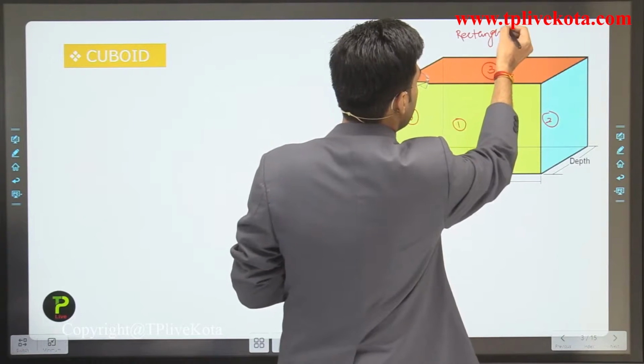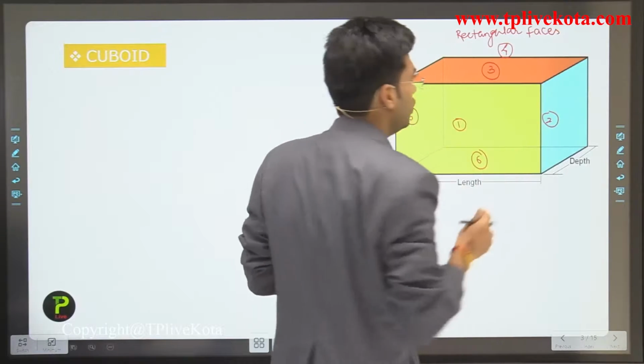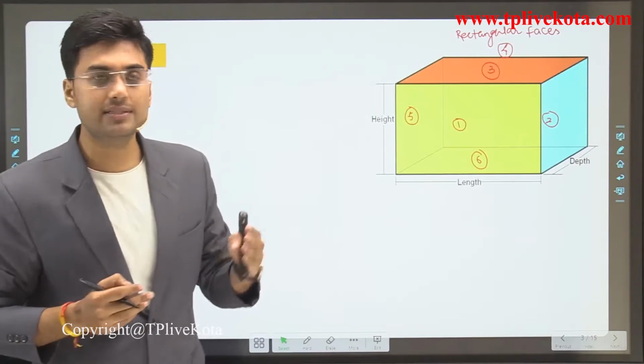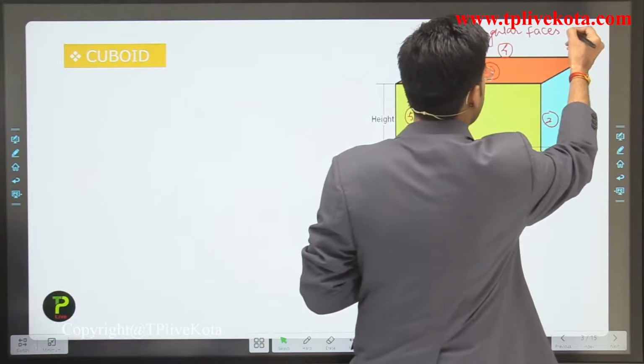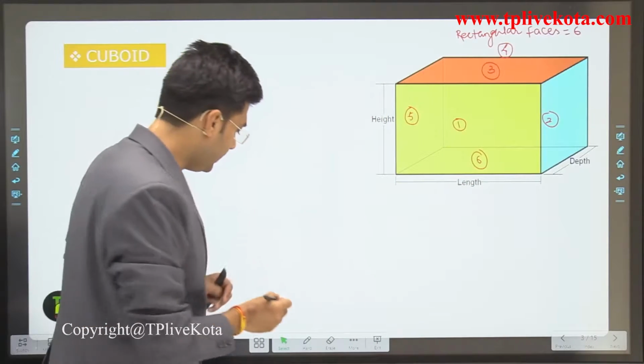Okay. So how many rectangular faces does a cuboid have? It has 6 rectangular faces.